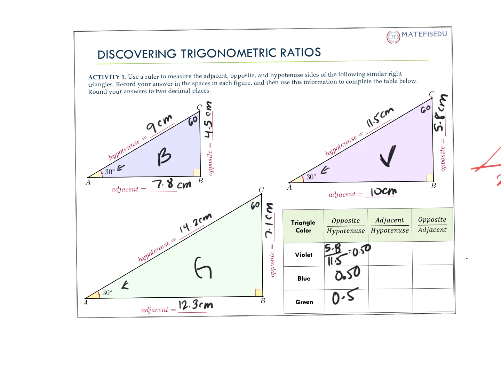Let's check the other ones. Let's go back to the violet triangle and divide adjacent, which is 10, divided by hypotenuse, 11.5. 10 divided by 11.5, 0.87.